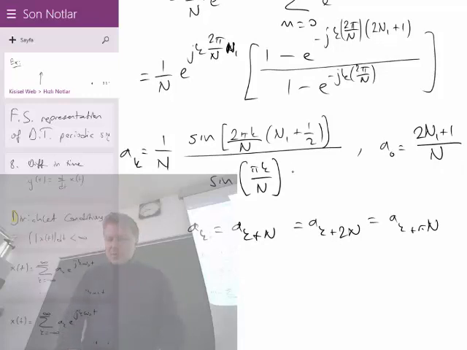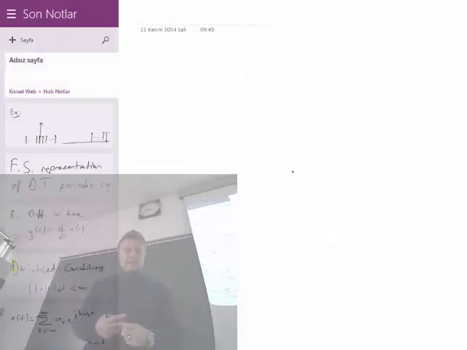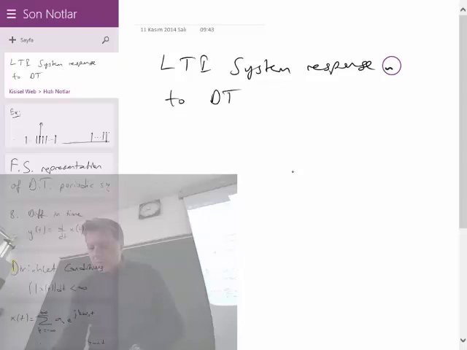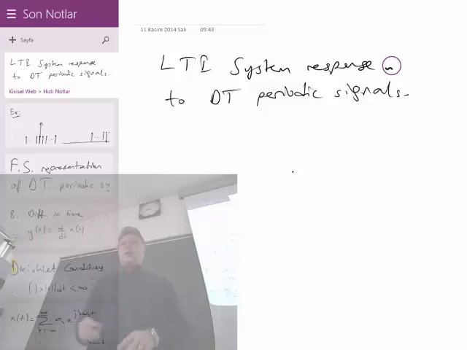Now, there is one last thing that I have to indicate regarding the discrete time Fourier series, and that is related with the LTI system response to discrete time periodic signals. What I mean is this: the domain may look fantastic, but it's quite simple. We already know the system response to continuous time periodic signals, right?